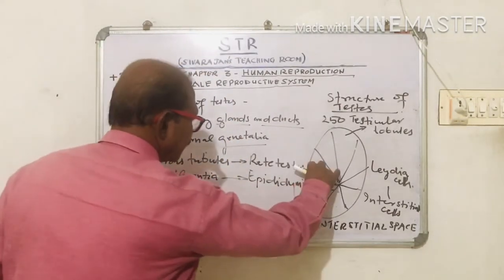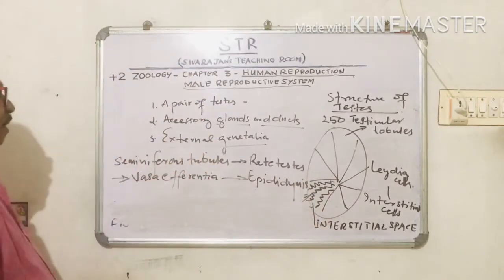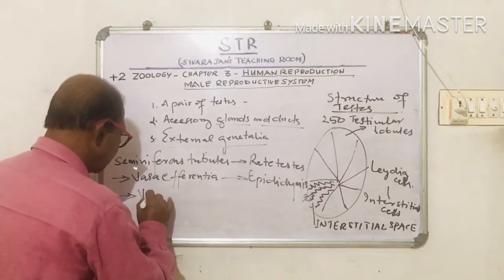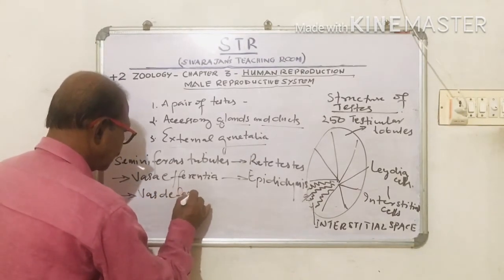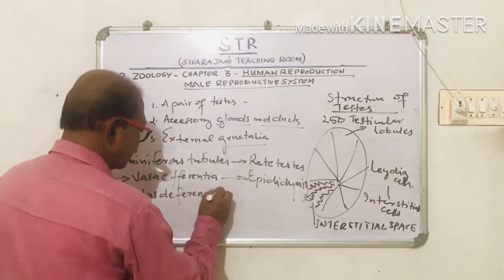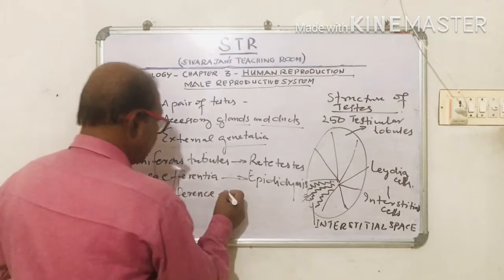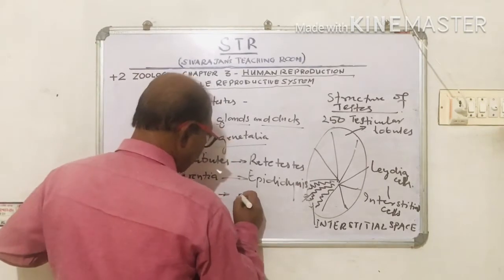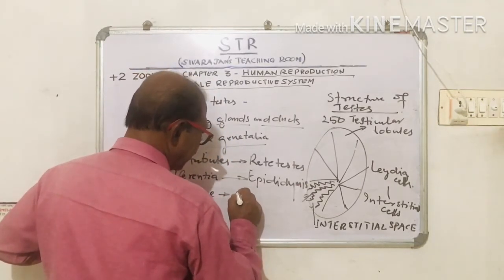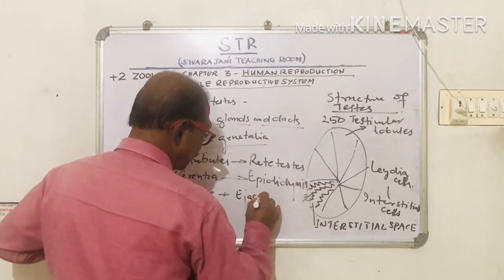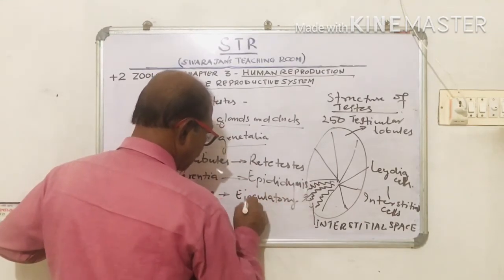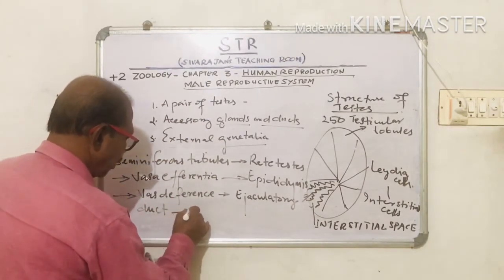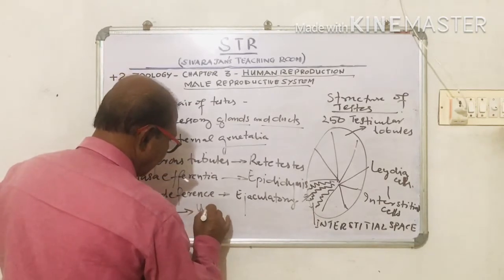And epididymis leads into vas deferens. And vas deferens joins to form the ejaculatory duct, which opens through the urethra.